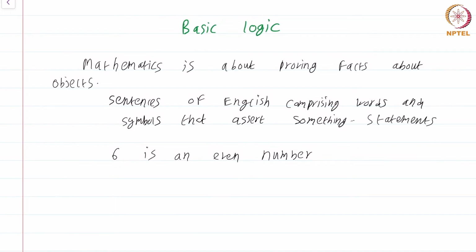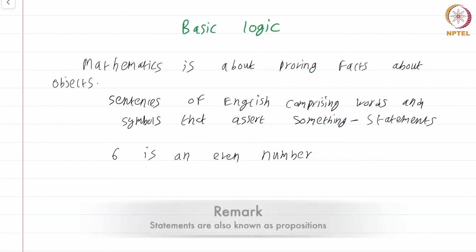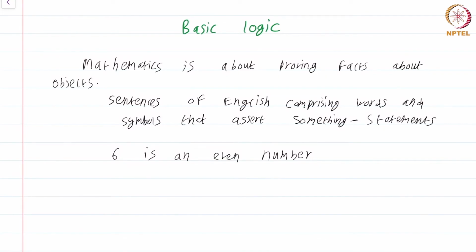So sentences that have a true-false assertion are called statements. So mathematics is essentially about proving facts about certain objects. That means mathematics is about determining the truth or falsity of statements that deal with mathematical objects. So this happens to be a true statement, as we all know.